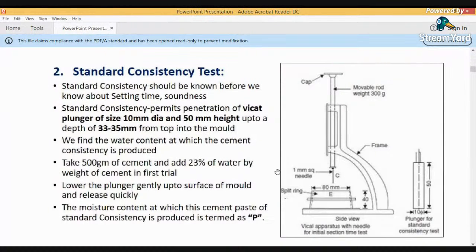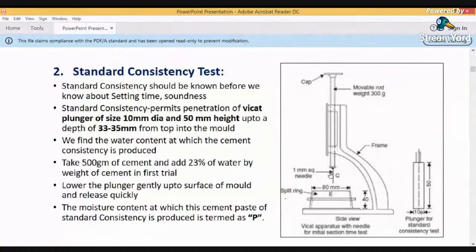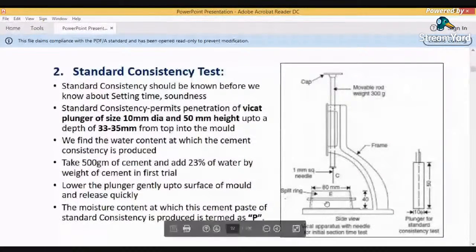This means, suppose you are taking a mold. In that mold, you are taking some amount of cement, 500 gram of cement. First, you are gradually releasing the plunger. Then the plunger enters into the cement.